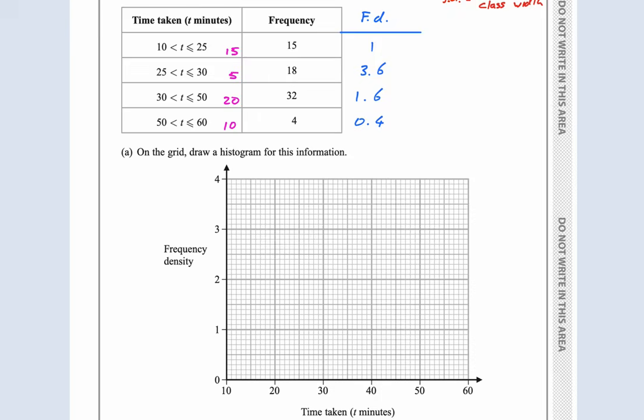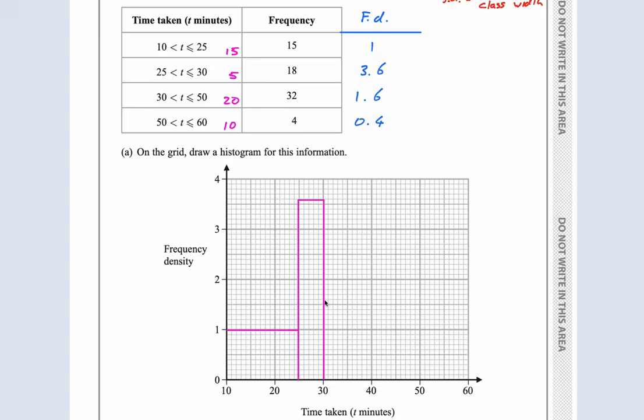10 to 25, which goes from here to here, and I'm going to go up to 1, like so. 25 to 30, I go to 3.6. 30 to 50 is, sorry, 30 to 50 is 1.6.